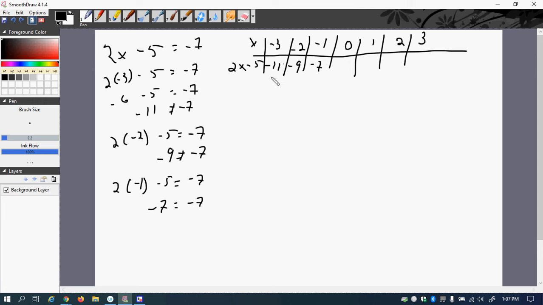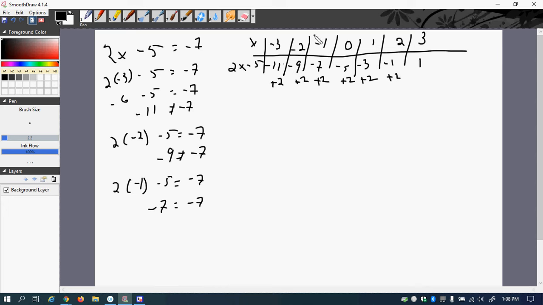Because if I add 2 to the negative 11, I get negative 9. If I add 2 to the negative 9, I get negative 7. And so if I add 2 to the negative 7, I'm going to get negative 5. And then add 2, I'm going to get negative 3. Add 2, I get negative 1. Add 2, I get 1.